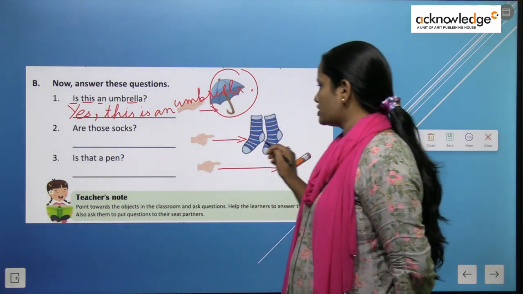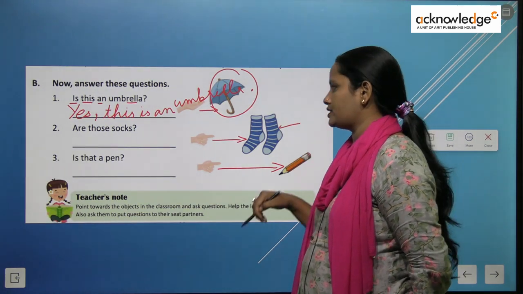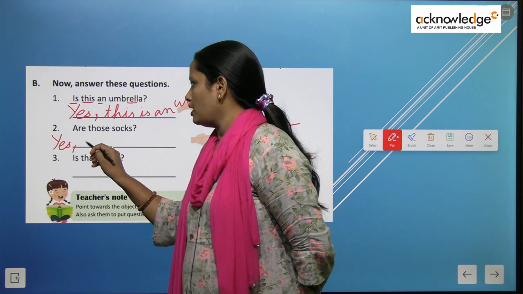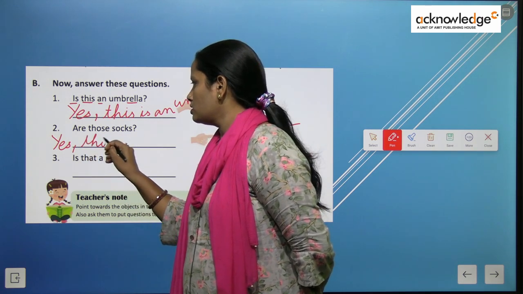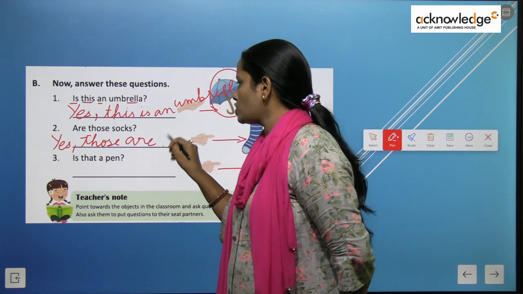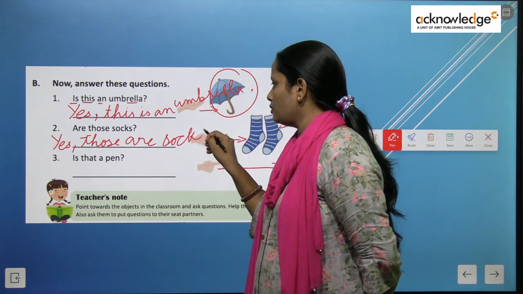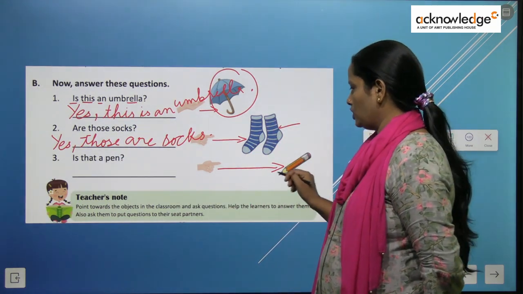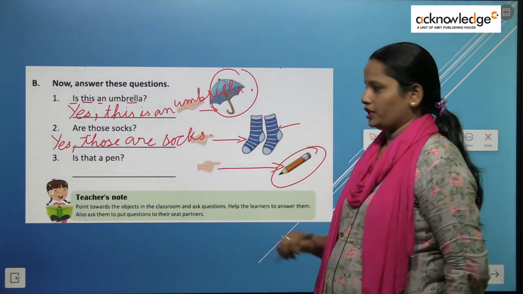Are those socks? What do you think? Yes. So we are going to write here again yes, comma, those are socks. And then put a full stop. Is that a pen? What do you think? No, it is not a pen.